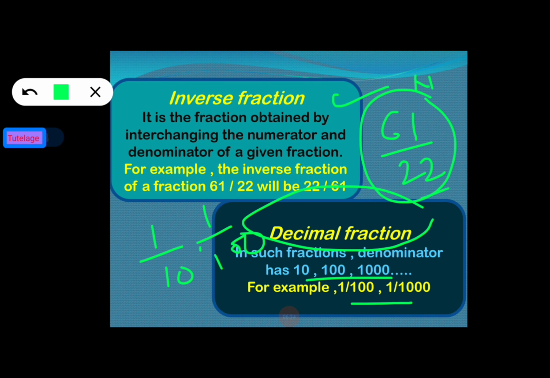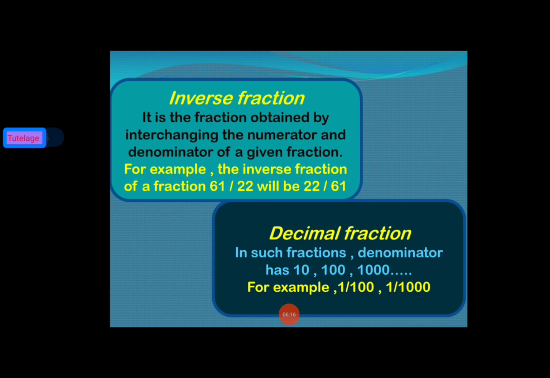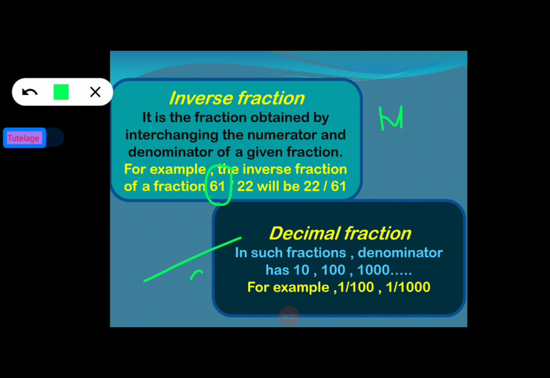So what is the inverse fraction of the given fraction 61 by 22? The numerator 61 is going to take the place of the denominator, and the denominator 22 is going to the numerator portion. We just interchange the numerator and denominator of the given fraction.